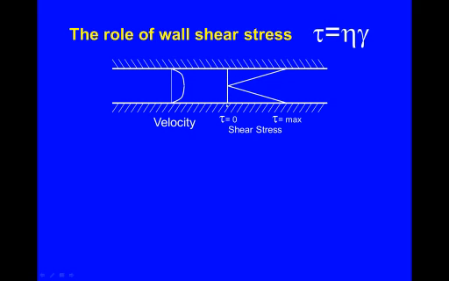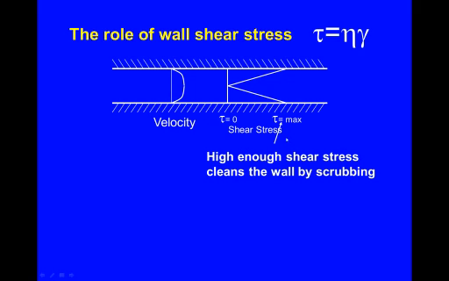If this was 0 here, you would have a maximum shear stress at the wall going down to 0 at the high velocity point, and then again up to maximum stress on the other side. And it's this shear stress that is used to keep the surface clean.